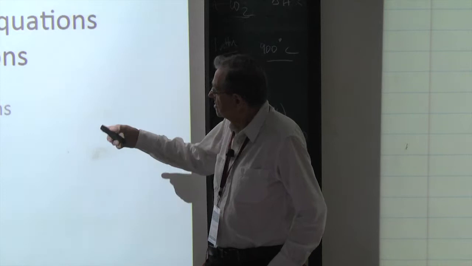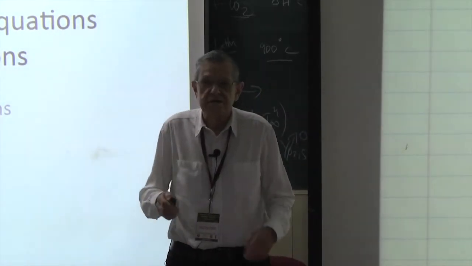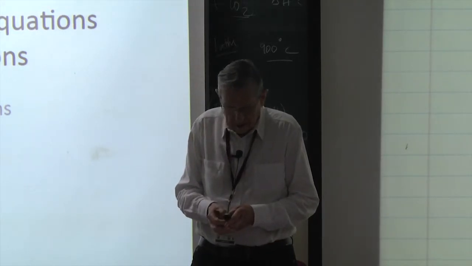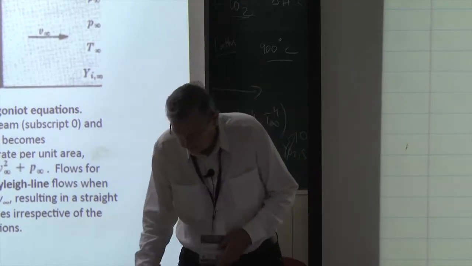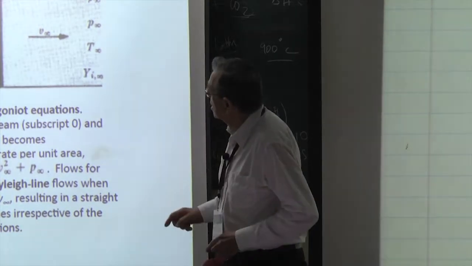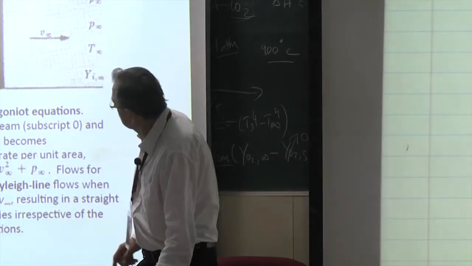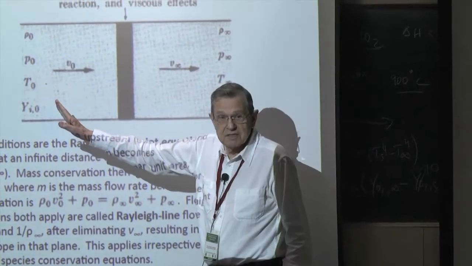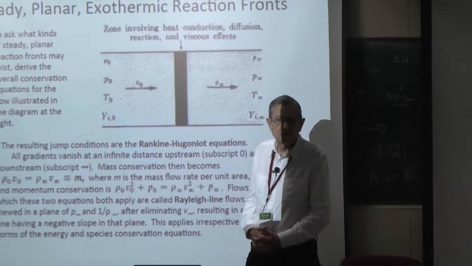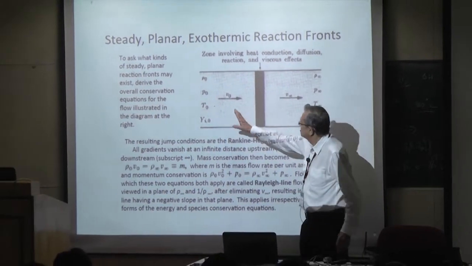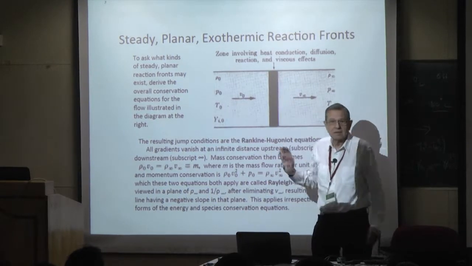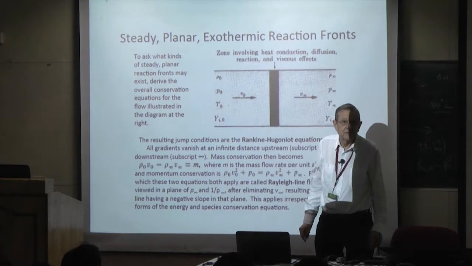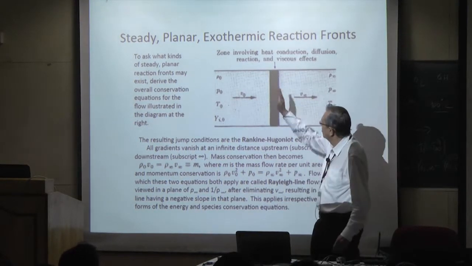So the first thing to look at in detonations is to consider a reaction front, where there's now a steady flow. So we're going to apply the conservation equations to this steady planar reaction front, or wave, as they call it, though it's not waving, it's sitting there.